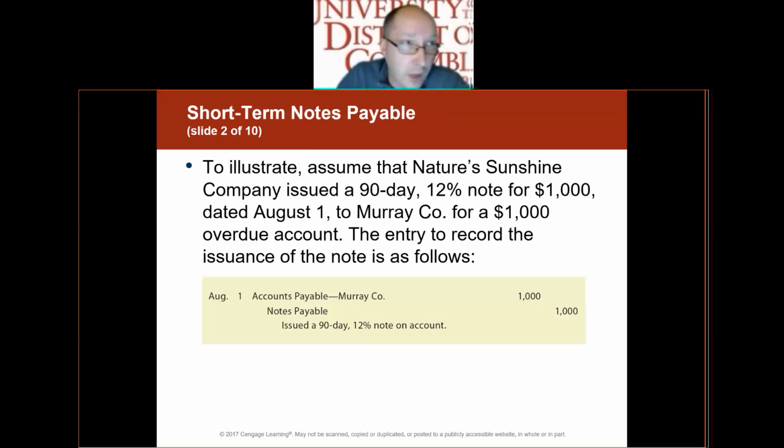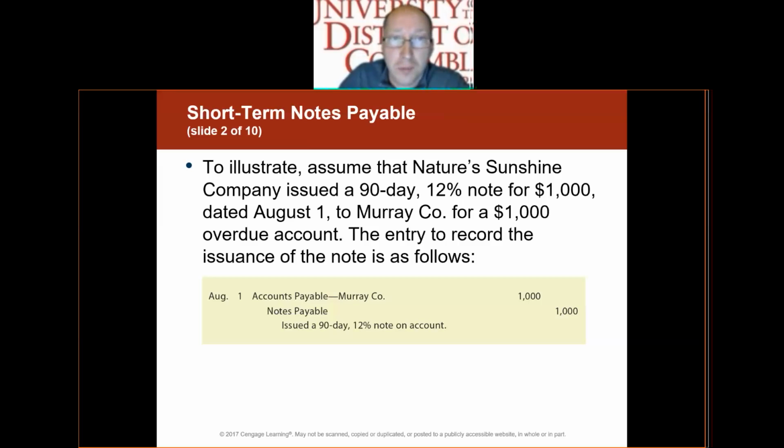If we fall behind on our bill, the company can convert it to a notes payable. The reason why they do that is to encourage us to pay on time and also to satisfy the amount that we owe them. And typically with any type of note or loan, there's an interest rate and a due date and a principal balance, right?